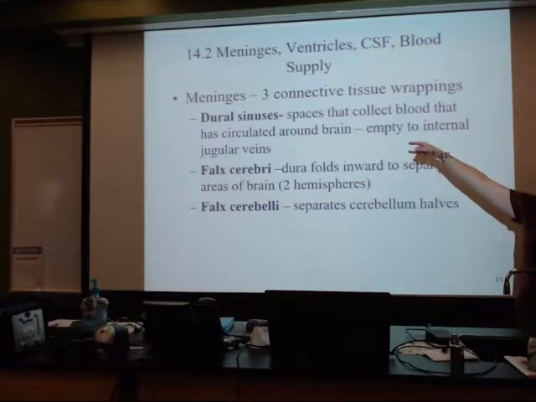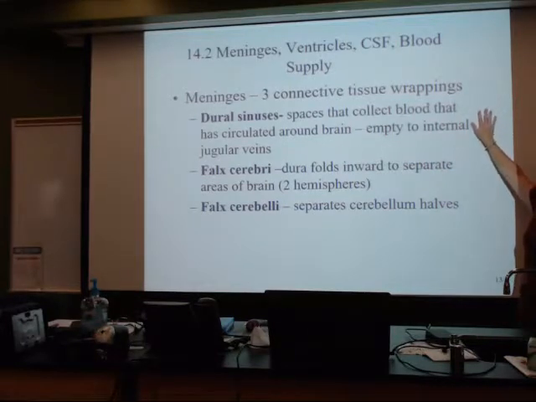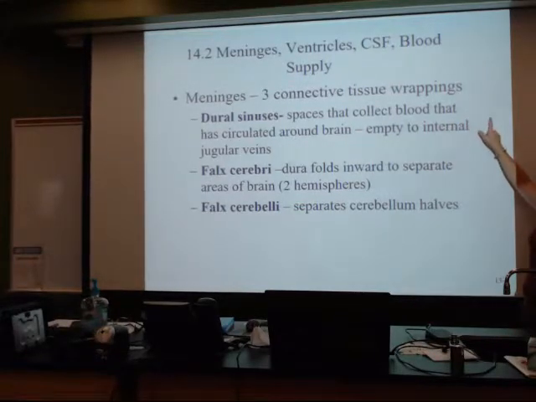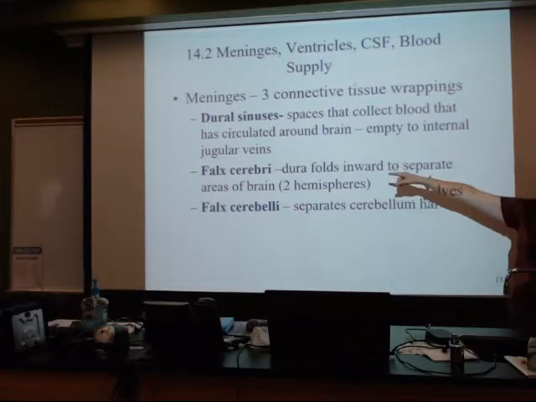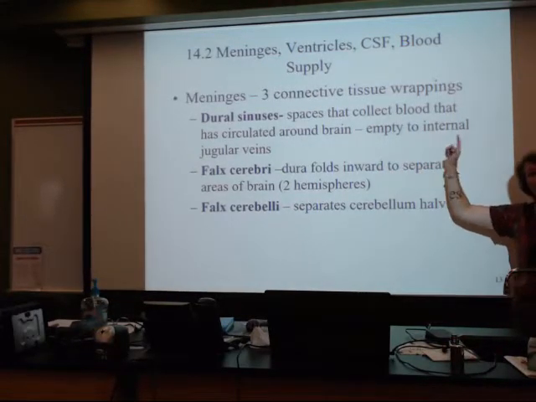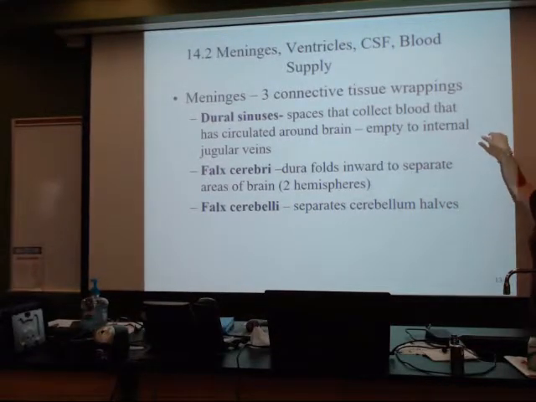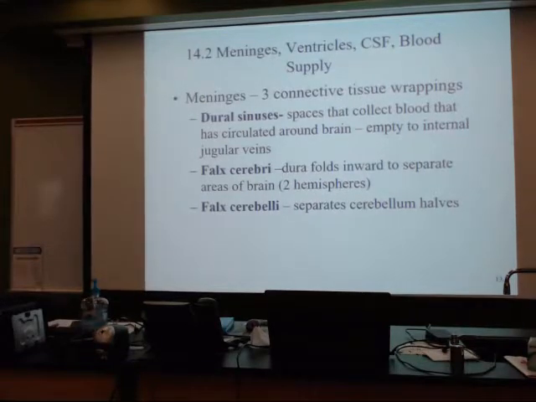This is going to be the space, because we have all this type of structure that's present that gets to collect blood that has circulated around the brain and help it empty into our internal jugular veins, which are going to return to vessels that go back to the heart.